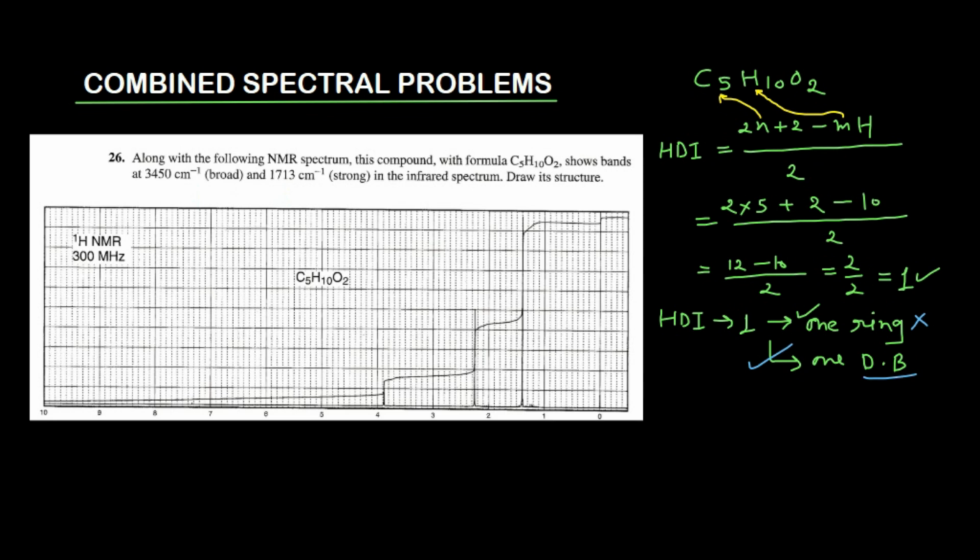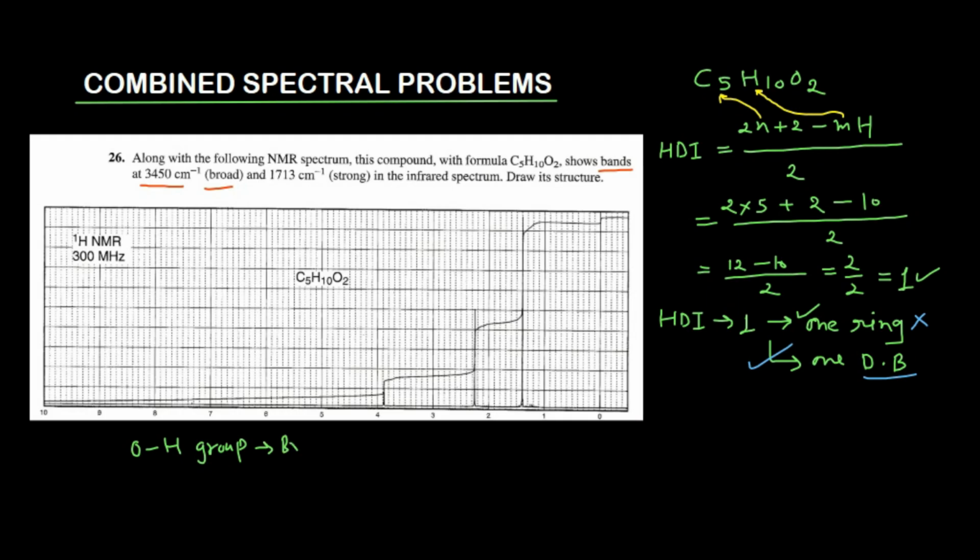And one very important piece of information you can see here: we are observing a band which is broad in nature, and it is at 3450 centimeter inverse, and you know this is the region of the OH group, right? OH group, and it is broad, that means it is hydrogen bonded.